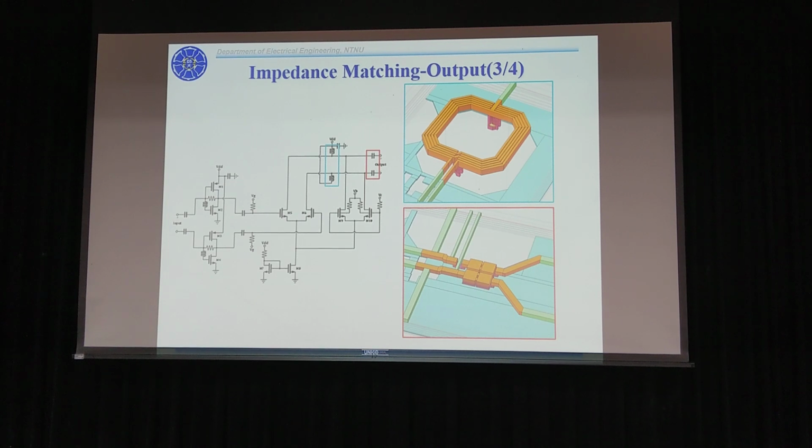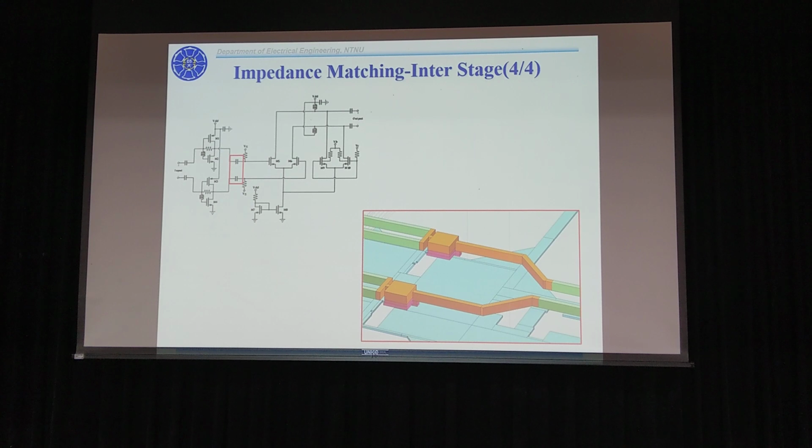The output matching also consists of a parallel inductor and a series capacitor. However, unlike the input match, the two inductors in this case can be combined. Use a special drawing technique to minimize the area. Finally, there is interstage match.